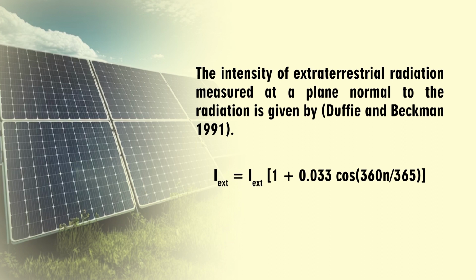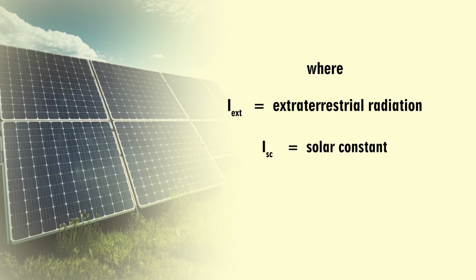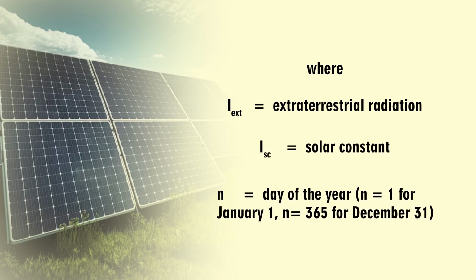Here I_SC is nothing but the solar constant, and small n is denoted as the day of the year. Suppose we are talking about January 1, then the value of n is 1. If we are talking about January 31, the value of n would be 31.